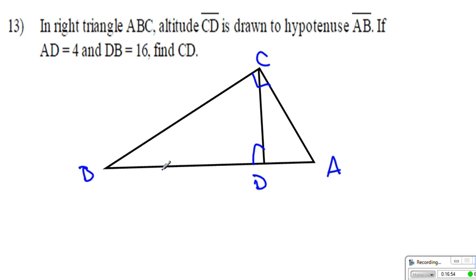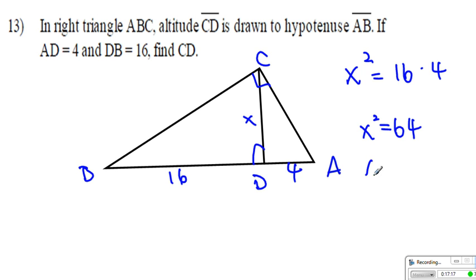So DB is equal to 16, and then AD is equal to 4. We'd like to find out CD. Once again, by this modification, we realize that altitude times altitude, which is x squared, must be equal to the product of the other two line segments, which is 16 times 4. So x squared is equal to 64, which makes x equal to 8. Alright, that's it.